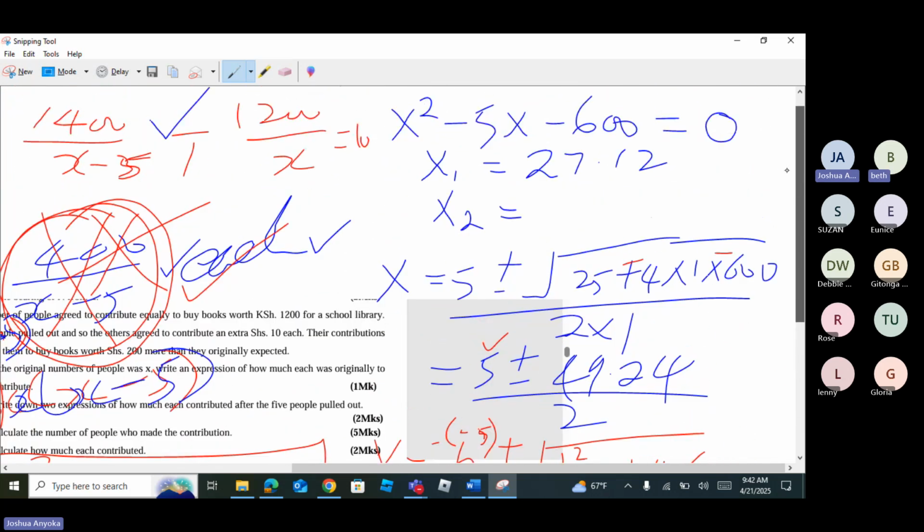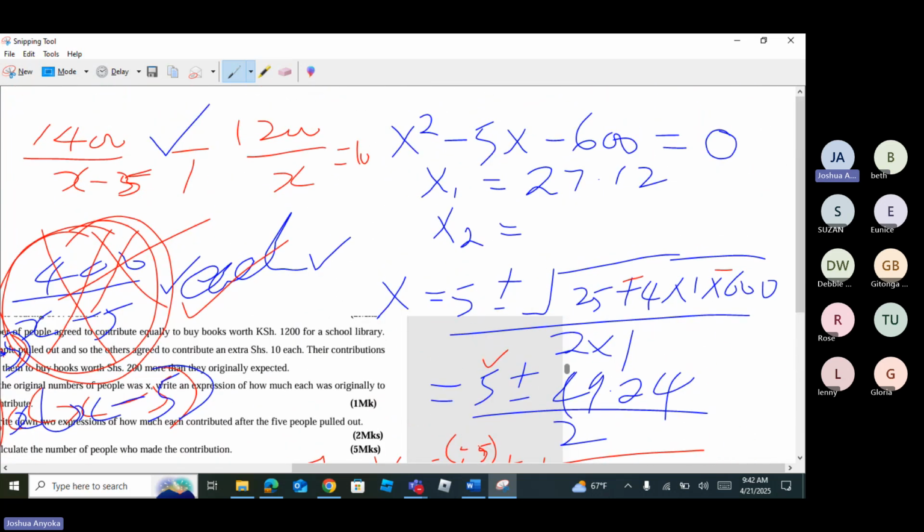Okay, the first value of x is 27.12. Another x will be negative 22.1. You know the negative. So our value of x is 27.12.